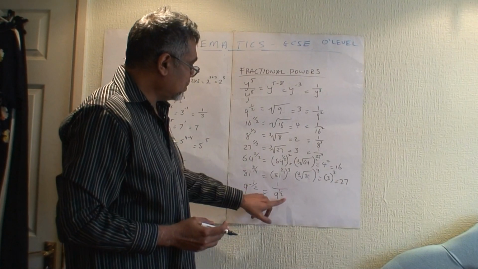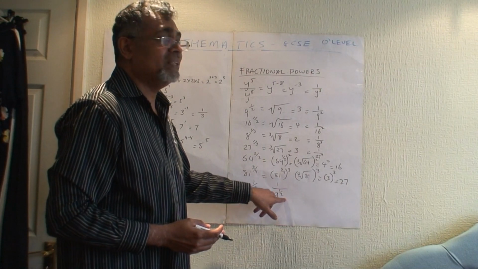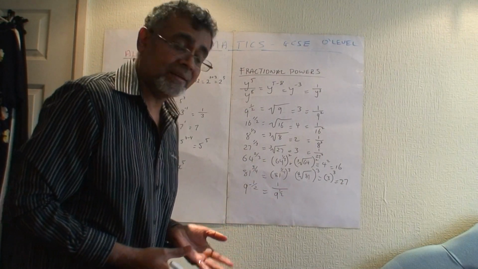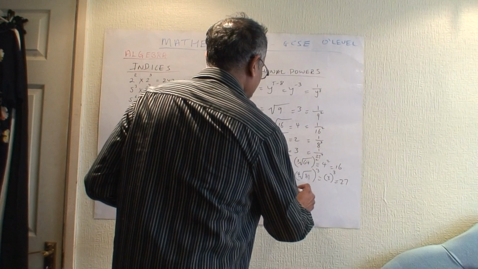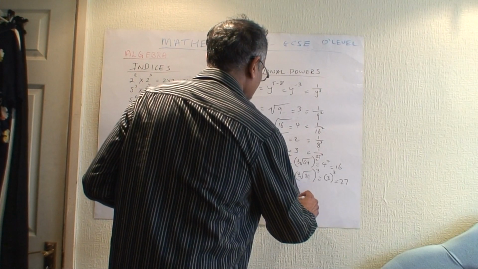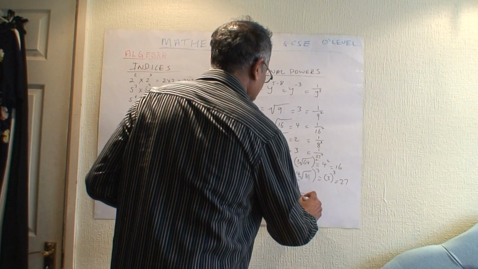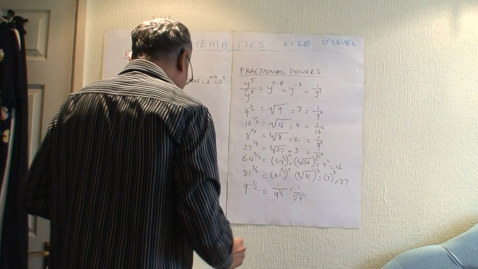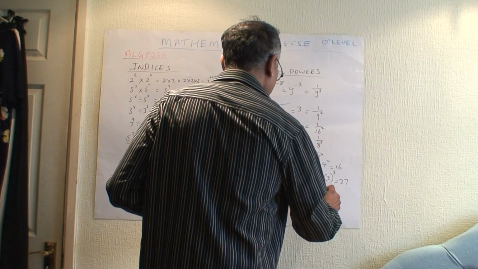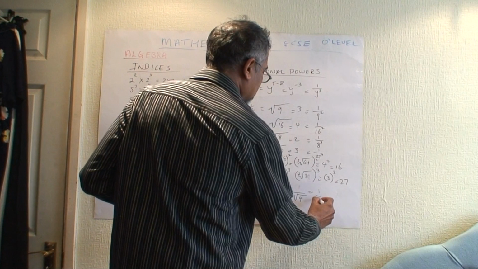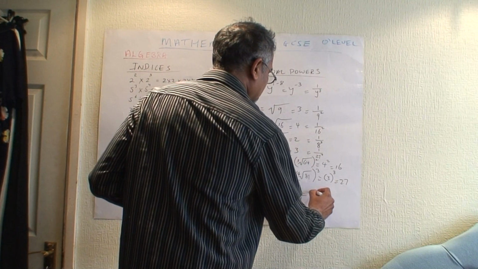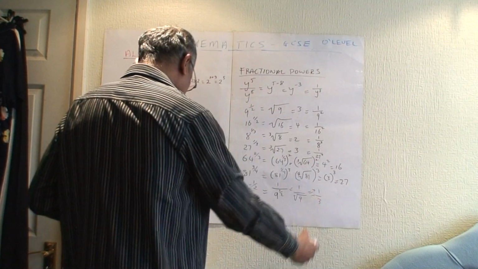Now we know 9 to the power of a half, you find the square root of 9. Okay, so that's equal to 1 over the square root of 9. Okay, the square root of 9 is 3, plus or minus 3.